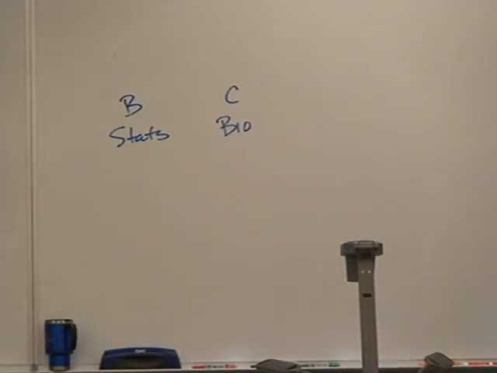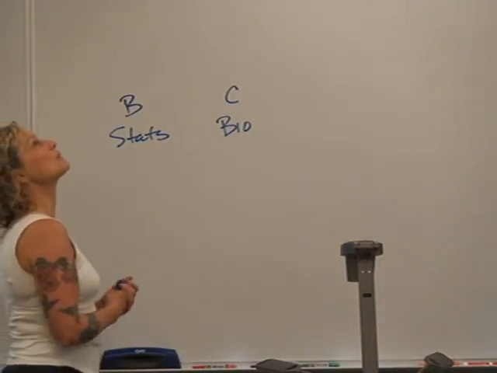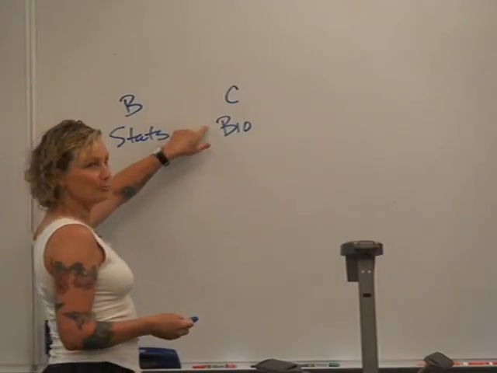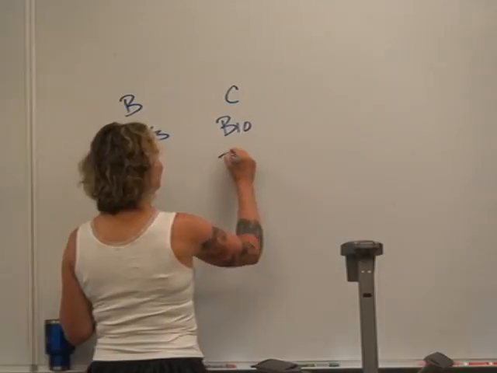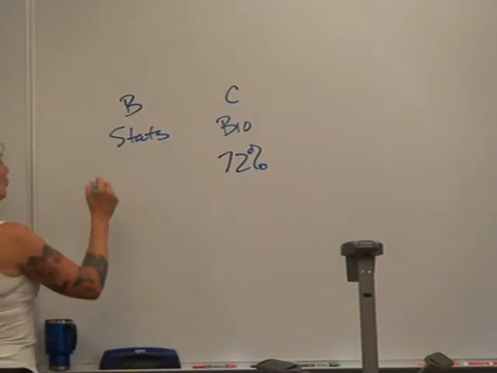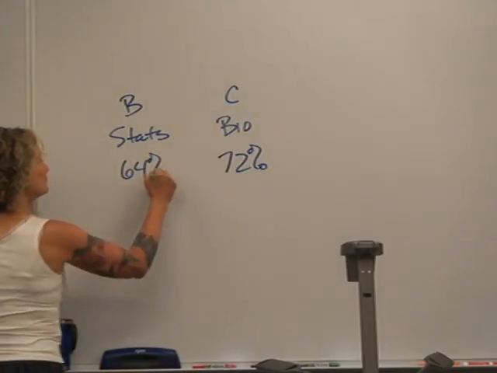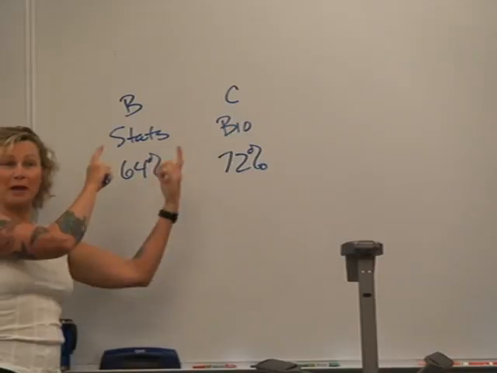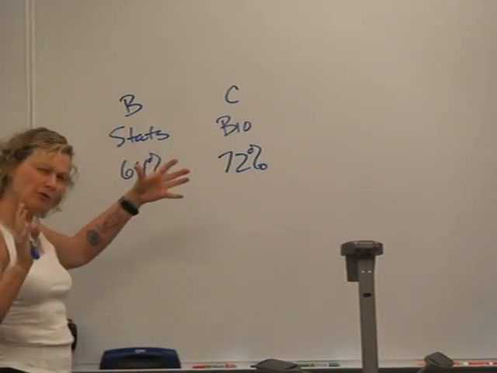But let's say to get that C in your bio test, you scored a 72%. But to get that B on your stats test, you actually scored a 64%. But your teacher curved the test, which brought you up to a B. So how would you compare these? You scored less, but you earned a higher grade.